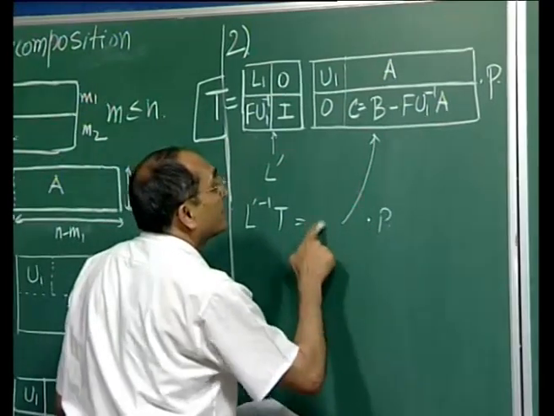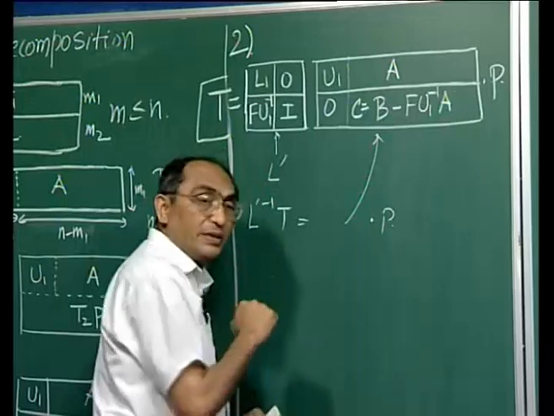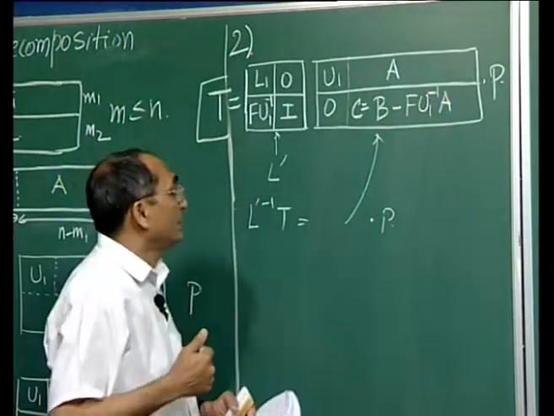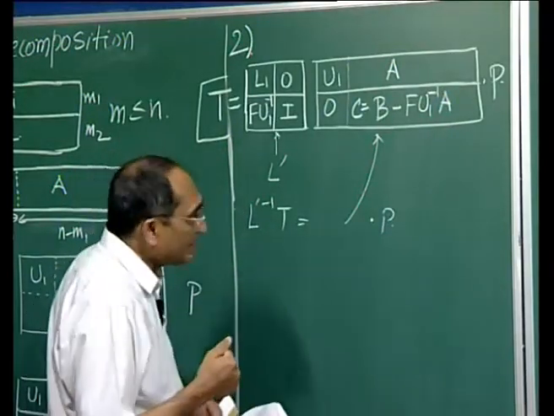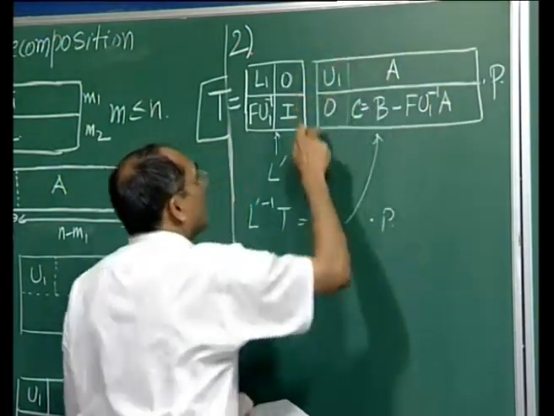Hence, this product is a full rank matrix. But this is a permutation matrix, it just permutes the columns, does not change the rank. Hence, this matrix must be a full rank matrix.